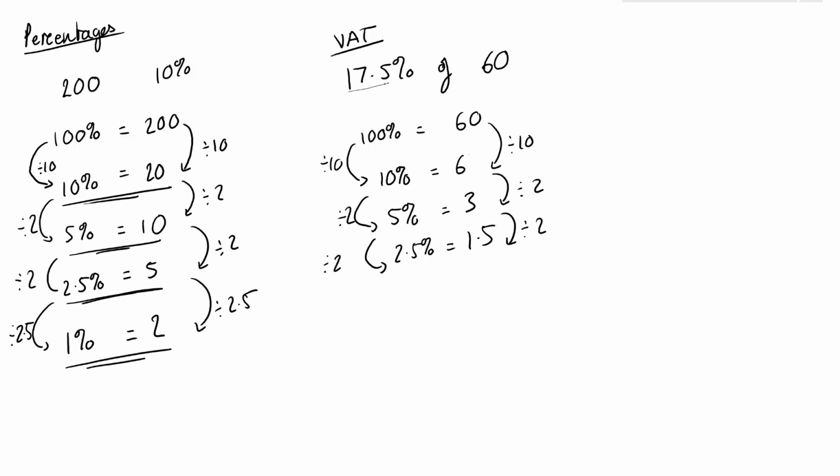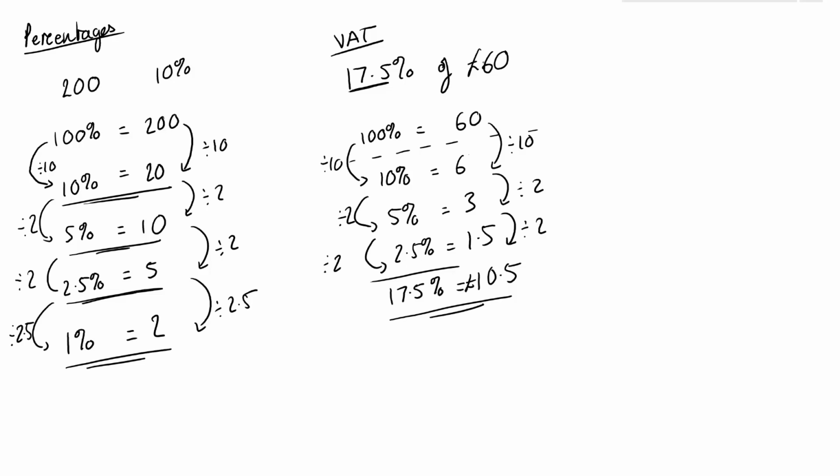Now we want 17.5. So we need to find what numbers are we going to add together in order to get 17.5. And if I do 10 plus 5 plus 2.5, if I cut off this 100% up here and I just add these 3 together, I get 17.5%, which means on the other side, if I add 6 plus 3 plus 1.5, I get 10.5, and therefore 17.5% is £10.50 in this case, if these were both values of money.